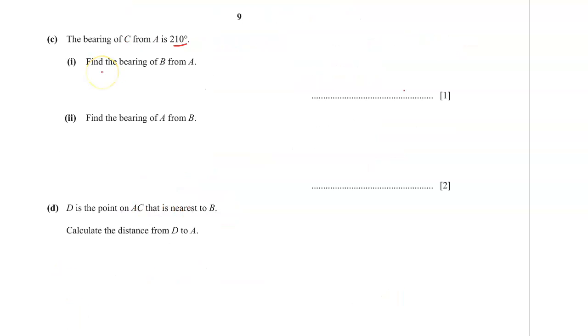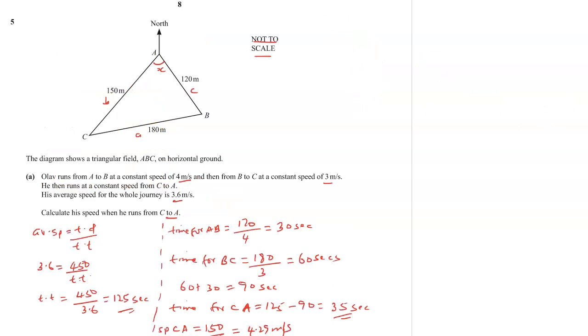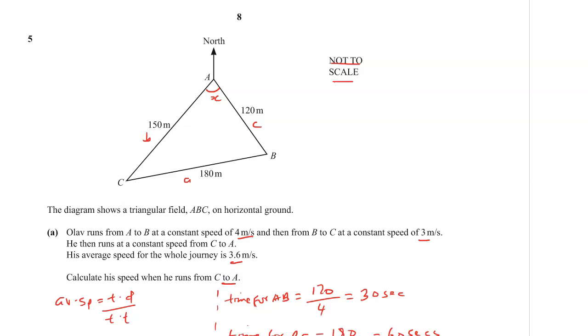Great. The bearing of C from A is 210. Find the bearing of B from A. So we know that, can come here. This is the bearing from here all the way to this.